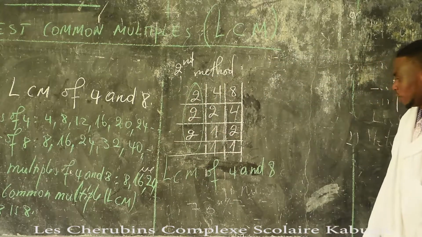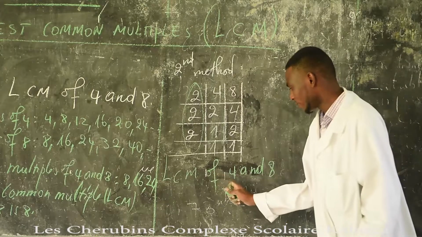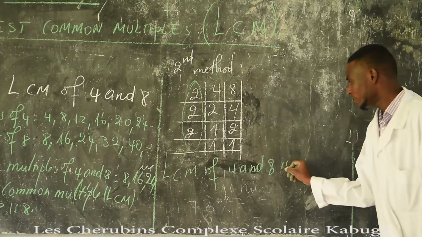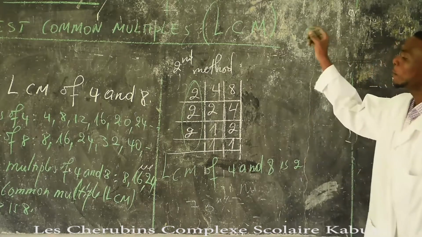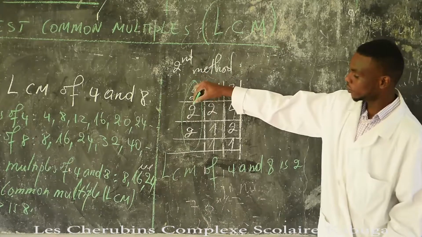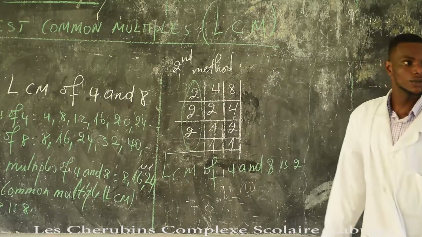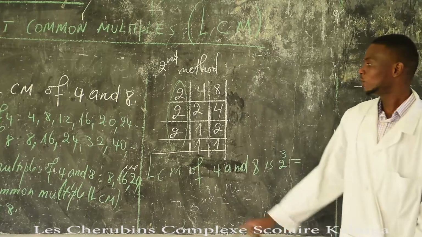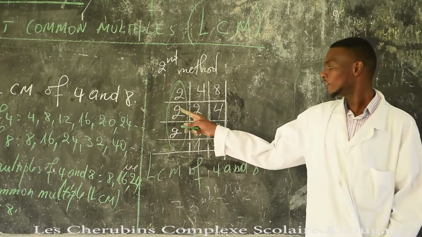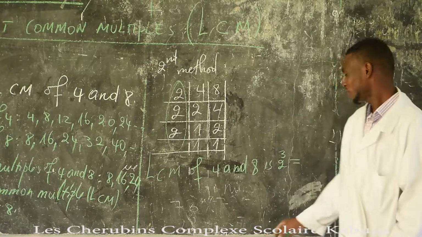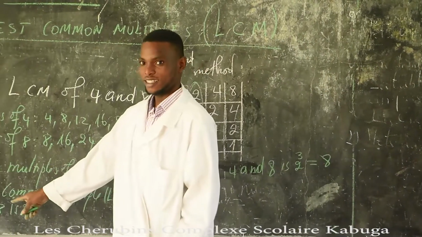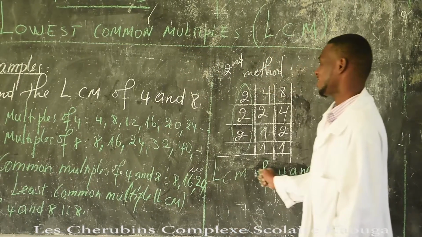So the lowest common multiple of 4 and 8 is equal to 2 to the power 3, counting 1, 2, 3, which is equal to 2 times 2 is 4, 4 times 2 is equal to 8. Are they the same? Yes, they are the same.